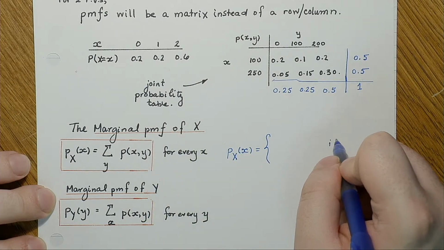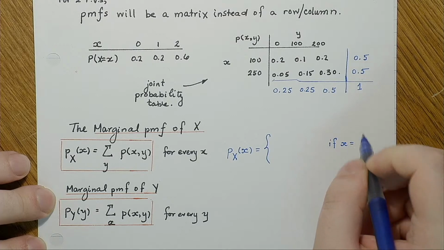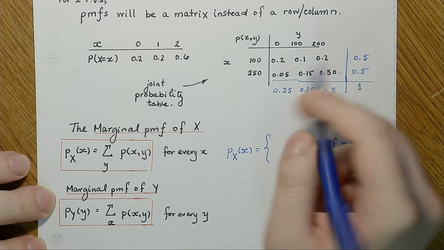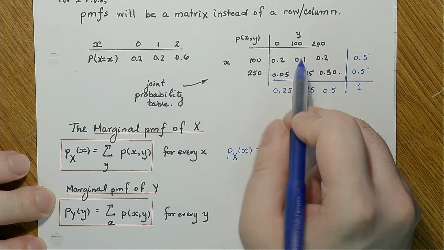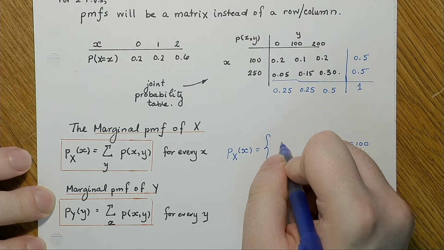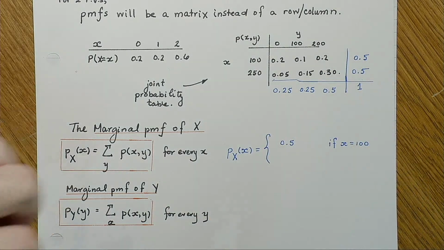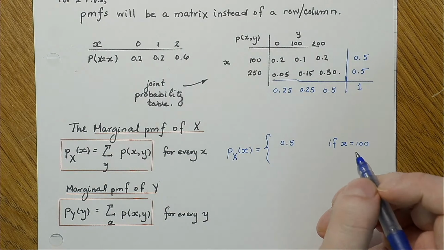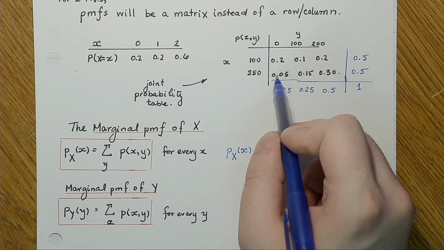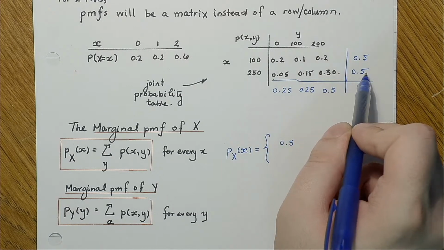So if x is equal to 100, then for that row, if I sum them up, 0.2 plus 0.1 plus 0.05... And for the second row, the 250, I add that up and I got 0.5.